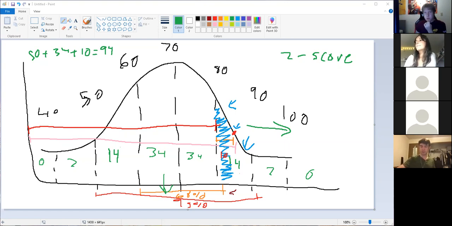It says proportion, so you might want to say 1 out of 20, or 6 out of 100, or 3 out of 50 or something like that. But a percentage wouldn't be wrong.